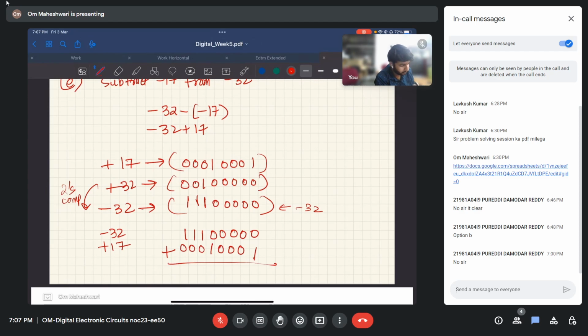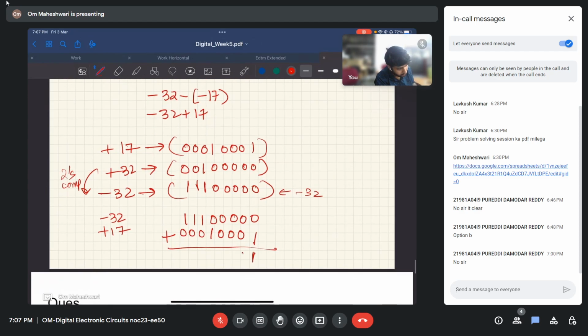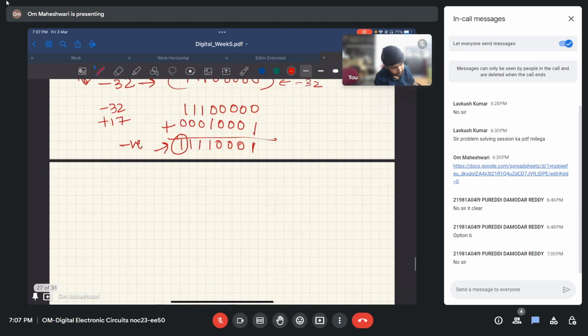What do we get? 1 1 1 1 0 0 0 1. So it has a 1, it is negative. So if it's negative, we take its 2's complement, which is 0 0 0 0 1 1 1 1.